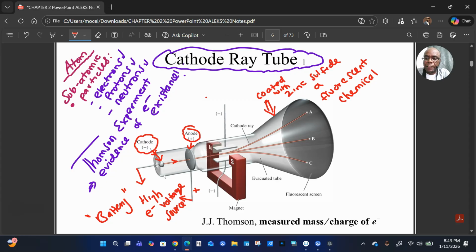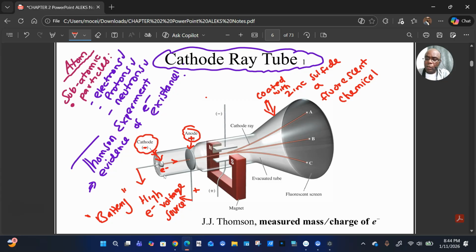That's why this is called the cathode ray tube. Now, the cathode is negatively charged, the anode is positively charged. You know that oppositely charged particles attract. So if the electrons originated on the cathode and were attracted to the anode, which is positive, what is your conclusion? The conclusion is that these particles must be negative because they are attracted to the positive end of the setup.